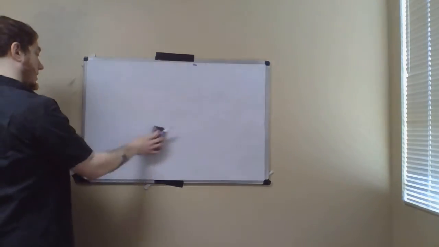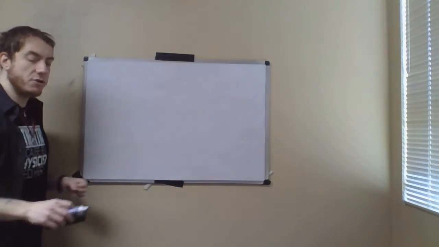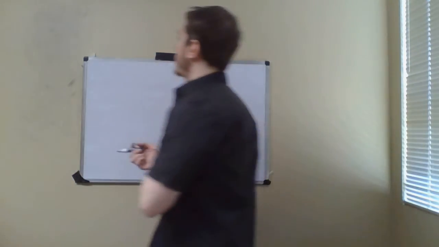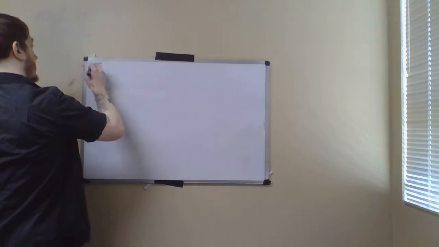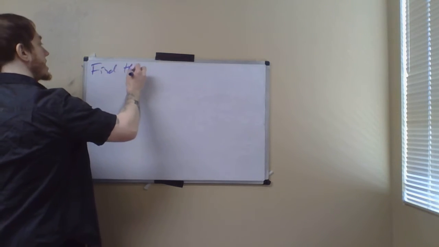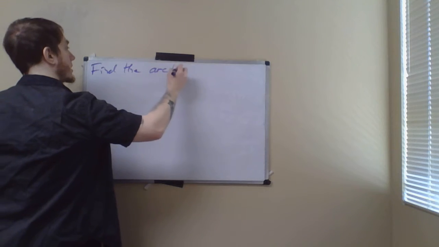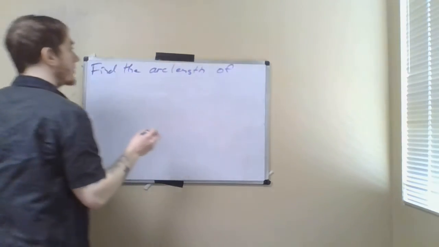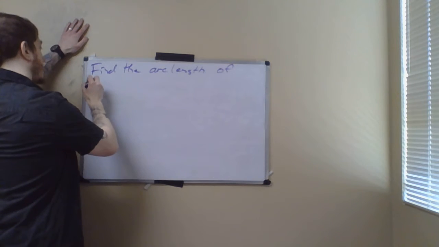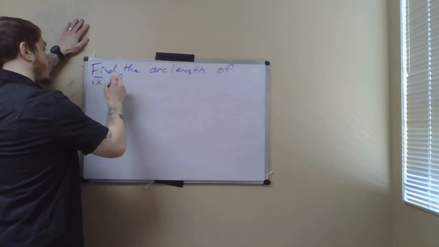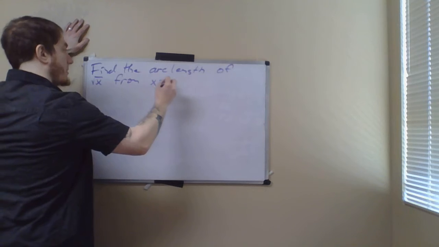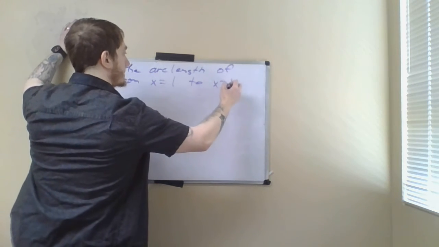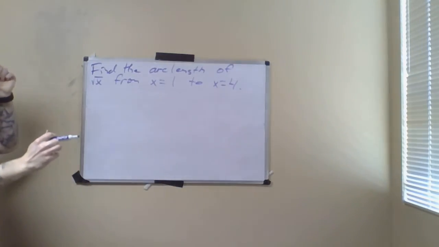So, let's suppose that we want to find the arc length of, let's say, square root of x from x equals 1 to x equals 4.